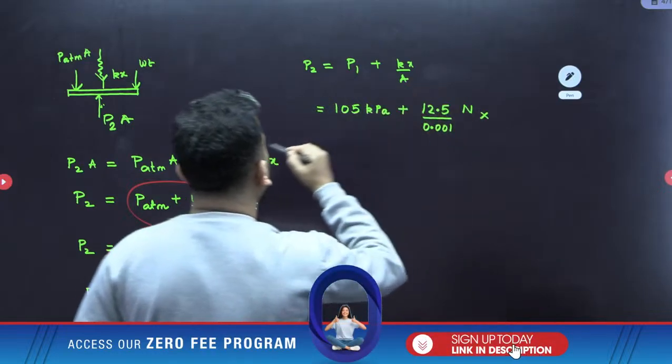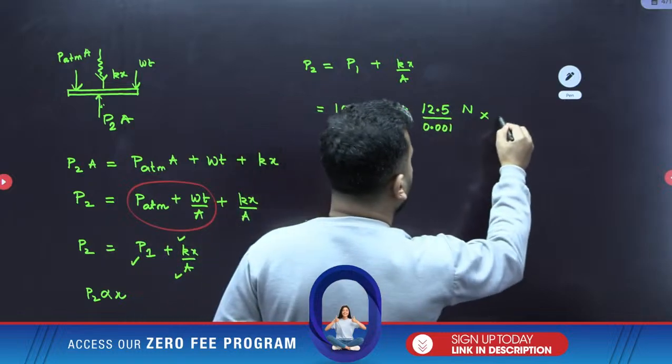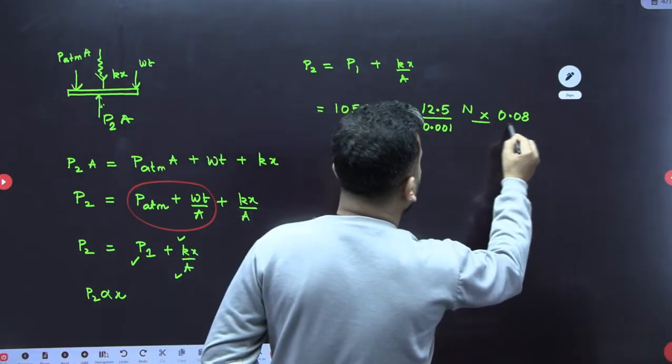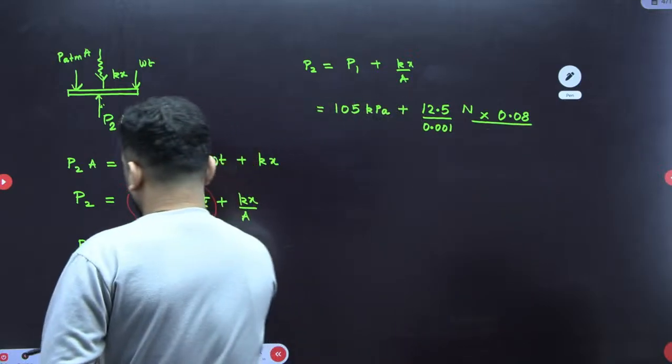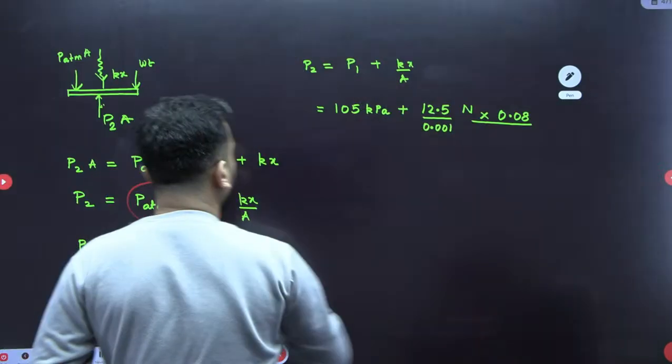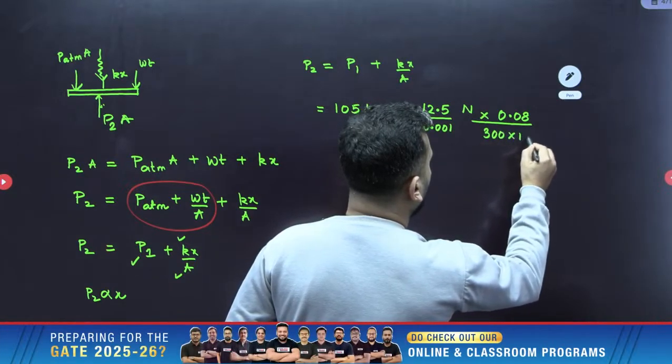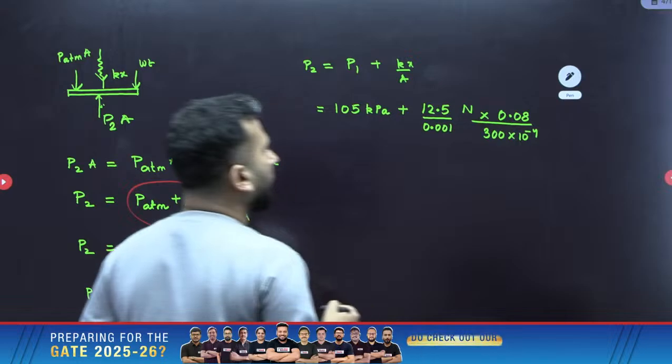And X is 8 centimeter, so 0.08 meter I should keep, divided by area, 300 centimeter square, so I should keep 300 into 10 to the power minus 4.